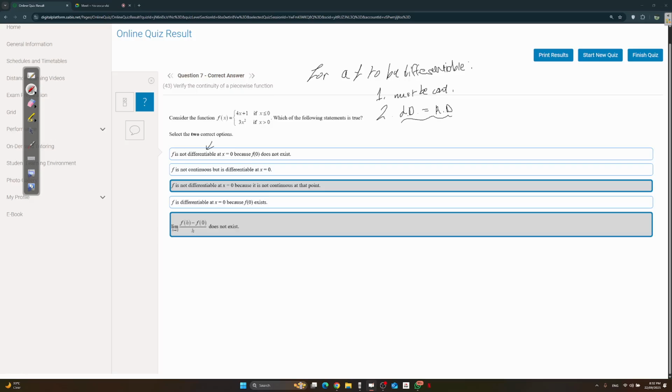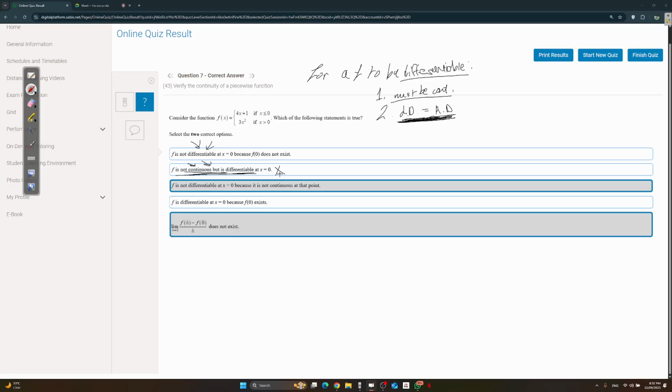Now this is a pain because this takes time. So preferably, to check whether a function is differentiable or not, check if it's continuous. I don't care about the option saying f is not continuous but differentiable. This, by the way, is never true. You can never say that something is not continuous but differentiable. For something to be differentiable, it has to be continuous.